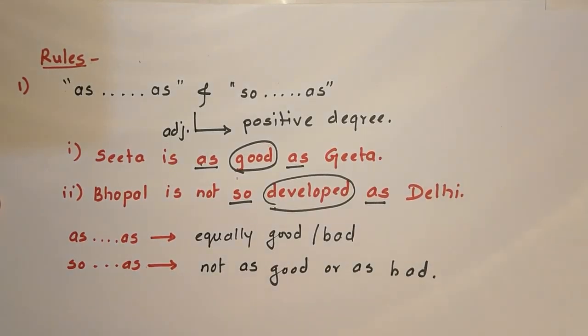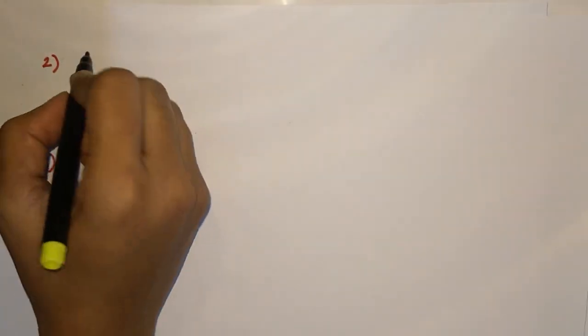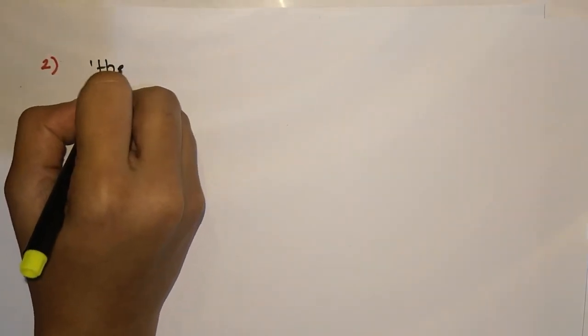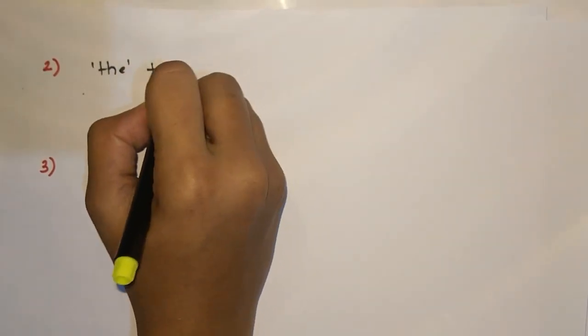Now let's see rule number 2. We might have covered this rule in our articles. Article the is used before superlative degrees.